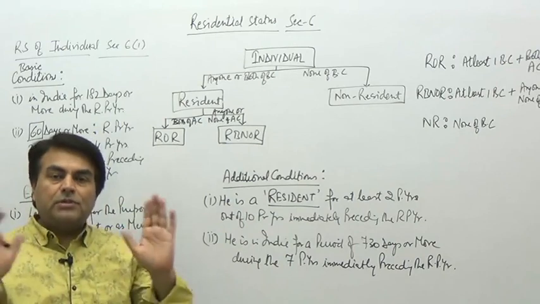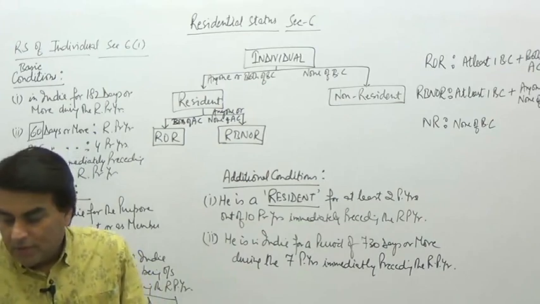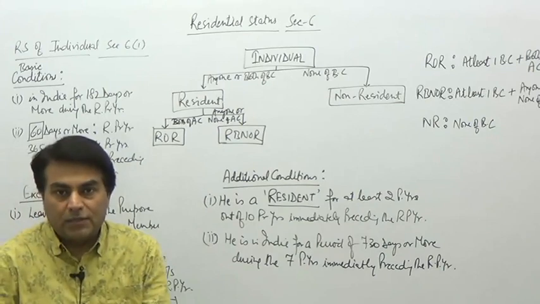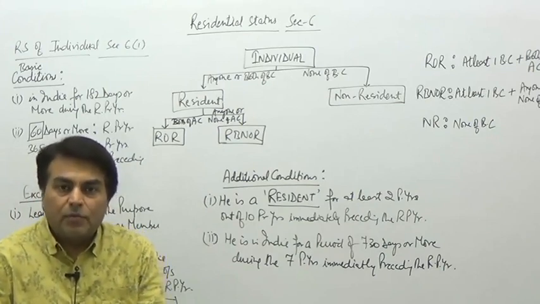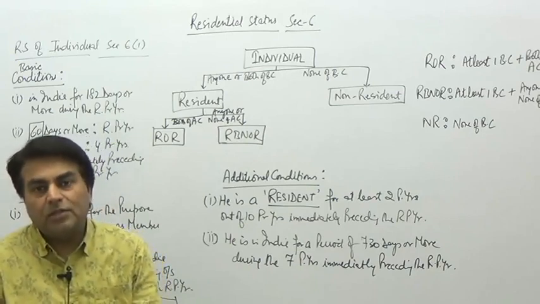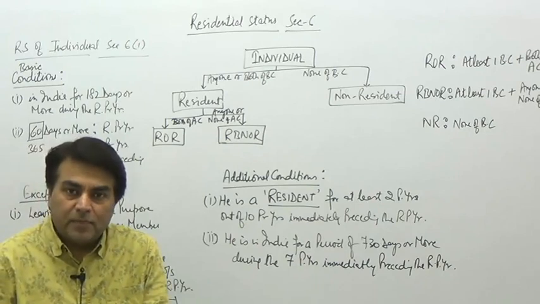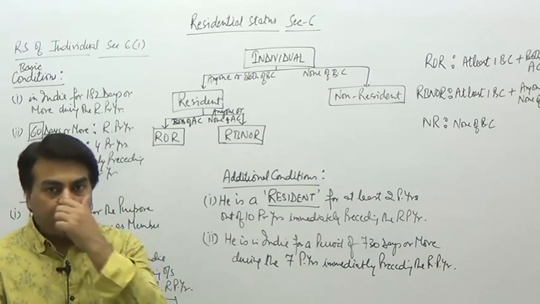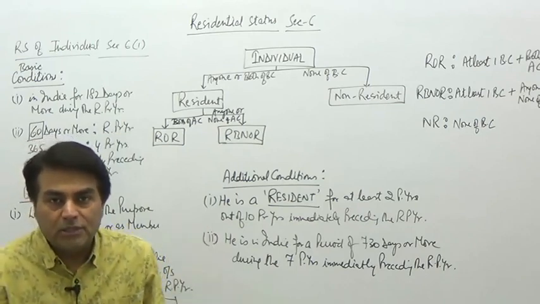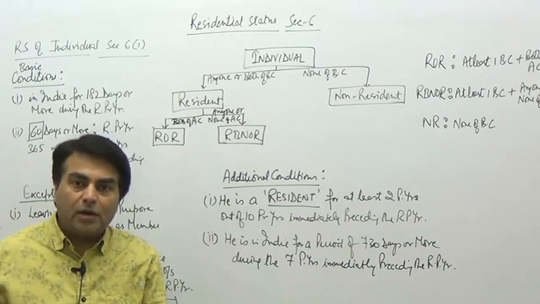Let me give you a summary of all this in a few words. The RS of an individual has two different levels. At the first level, we work out whether he is a resident or a non-resident. If he fails those tests completely and does not fulfill any of the basic conditions, he would become a non-resident, and that would be his final RS.